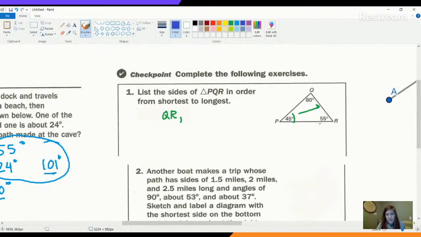The middle angle is 55, so the middle side is PQ. And the largest side is the one across from the largest angle. The largest angle is 80, so the largest side is PR. Okay, so that's how we would do that.